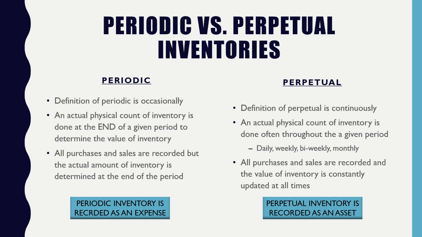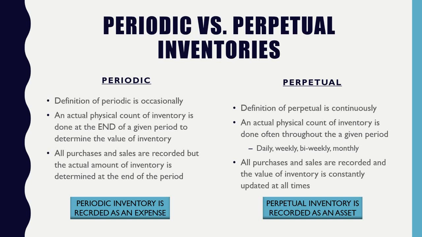Perpetual literally means constantly. If you define it, it means constantly, because you're constantly updating your inventory at any given time. When you make a purchase, and when you sell your items, you're keeping a really close track record. So in this case, when you are constantly updating your inventory, you're going to always know the actual amount of items you should have in inventory at all times, whether it's every day, every week, every 2 weeks, every month.